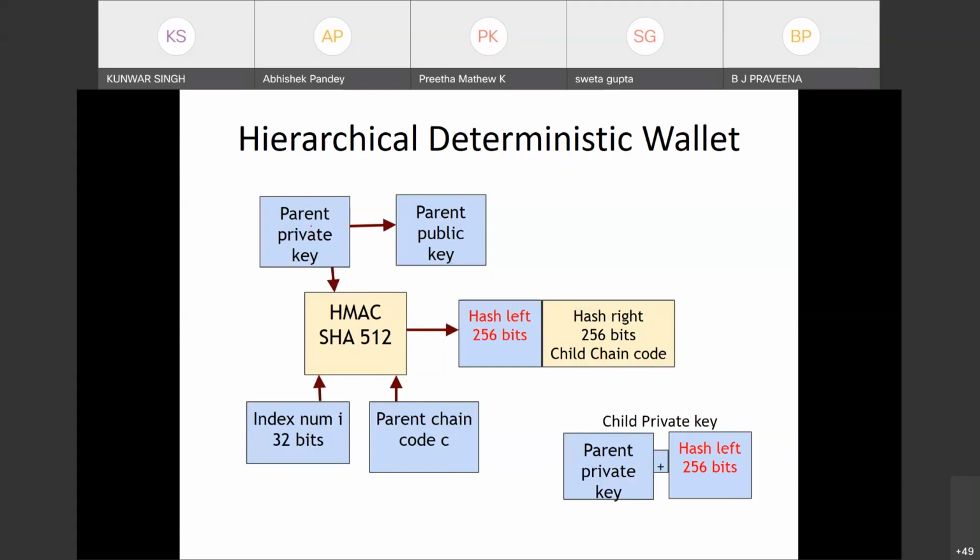For the first child private key, that will be i equal to 1, this left part is added, and that is the child private key for the first one. For the first one you also need this other part.